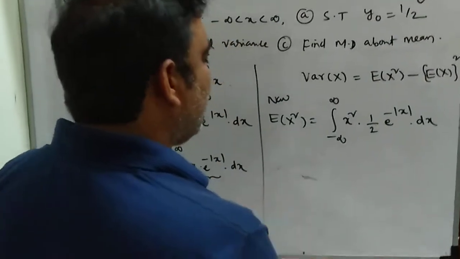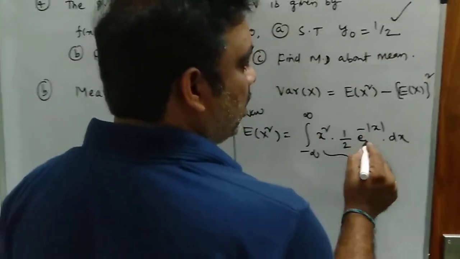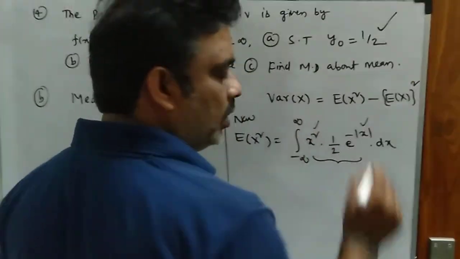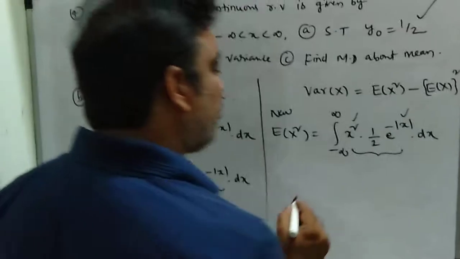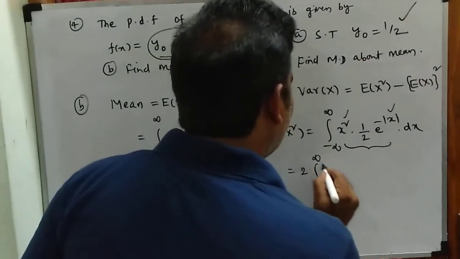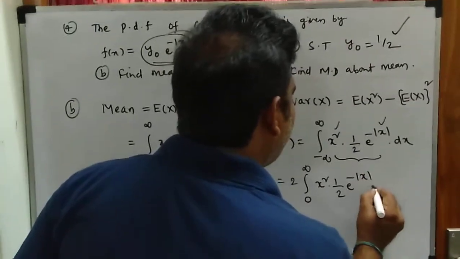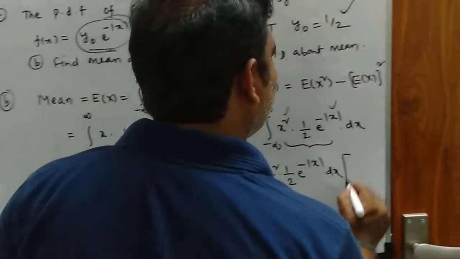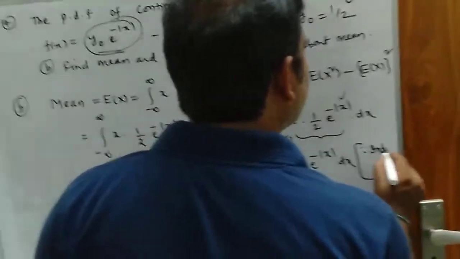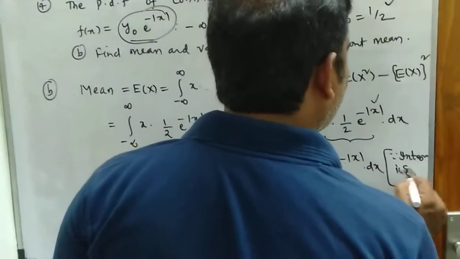Here the integrand, x square, is an even function, and this is also even. The entire function is an even function. Sorry, not odd, it is even.